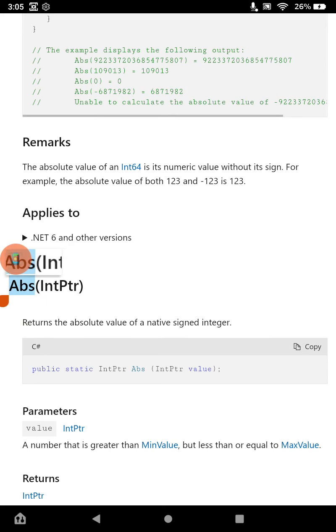ABS is the abbreviation for absolute value, which converts whatever follows within the parentheses. If it were a negative value, or maybe a floating point decimal value, it truncates the negative sign and just displays the whole number.